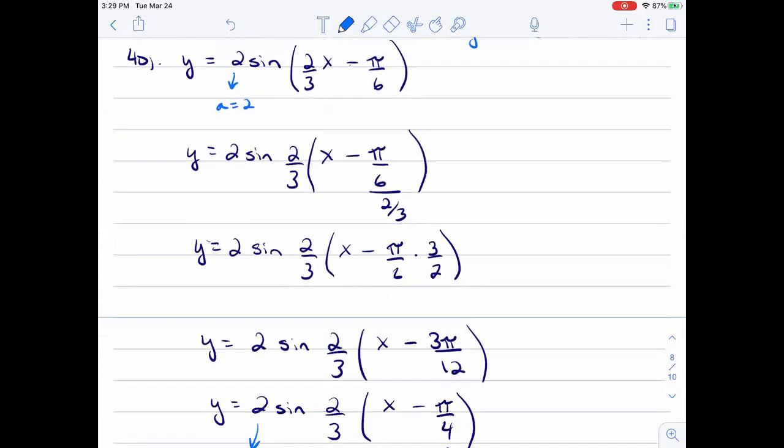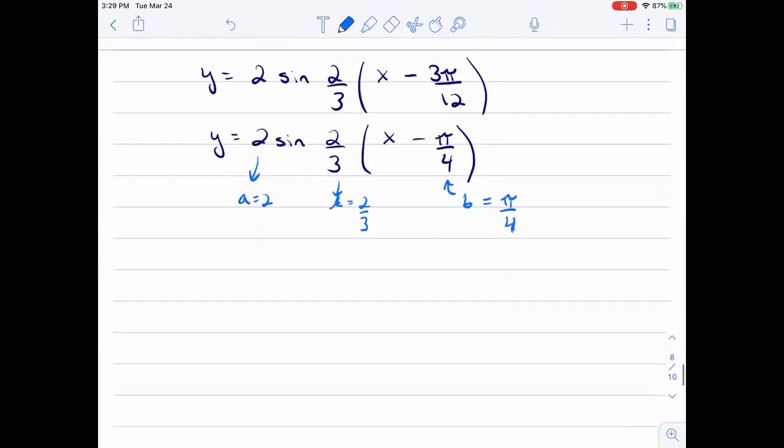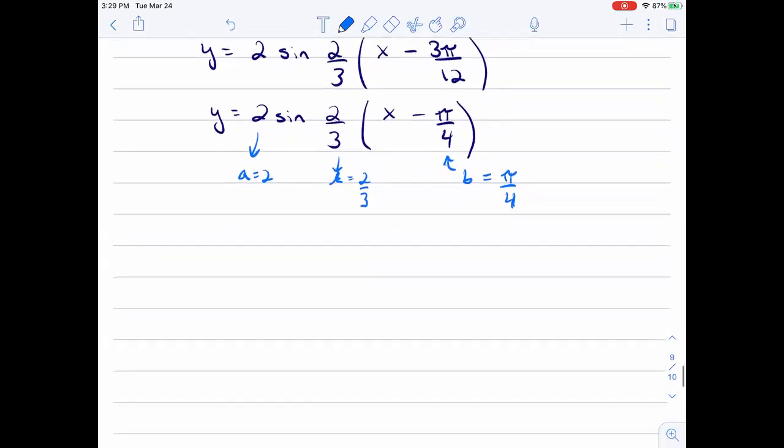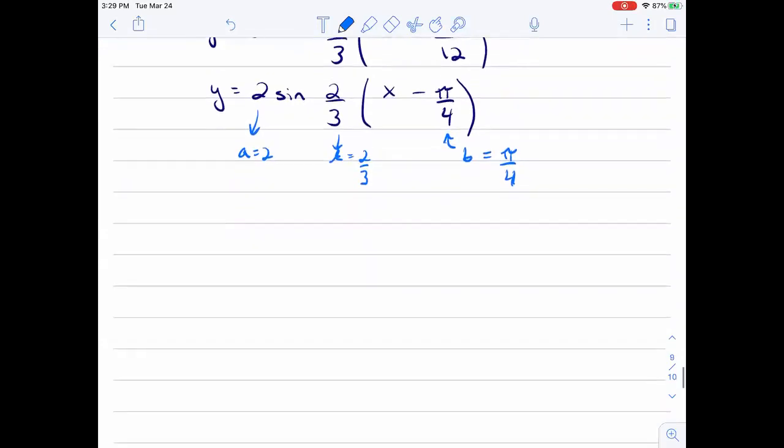Now what I want to do is sketch this graph. You didn't have to do this, you just had to pick the right one, and we'll only do this one, so it won't be too bad.